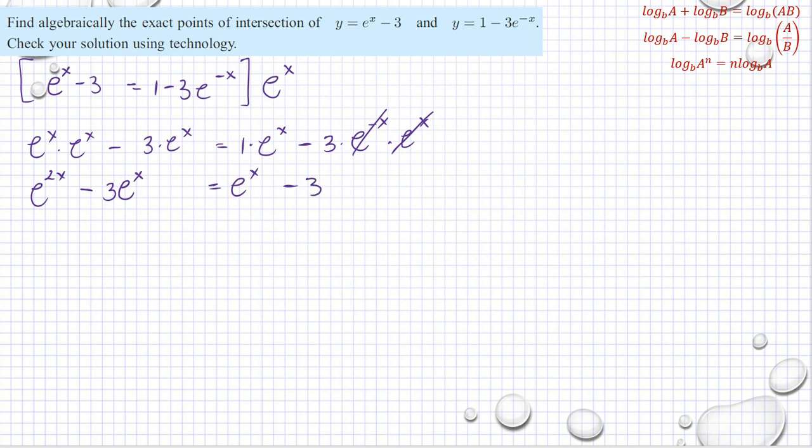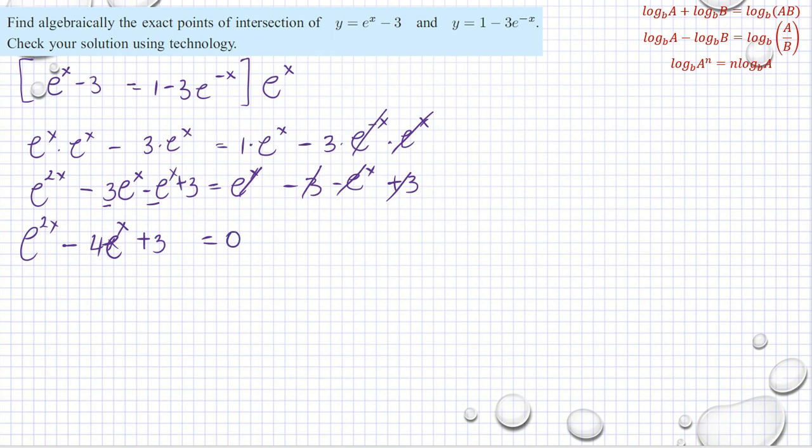So if we subtract both sides of the equation by e raised to x and add 3, then we know that this is 0, this is 0. Then we have e raised to 2x subtracted by 4 e raised to x, added by 3, is equal to 0.